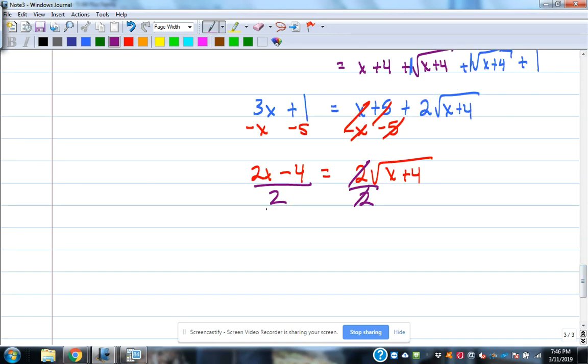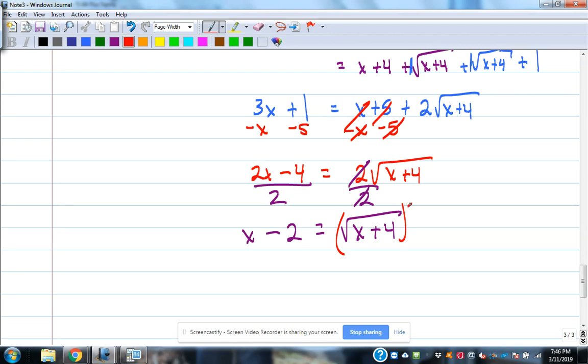So that's 2 divided by 2 is 1x. 4 divided by 2, 2. Well, that works out a little nicer. Now I have that second radical isolated. What do I do now? How do I get rid of the square root?